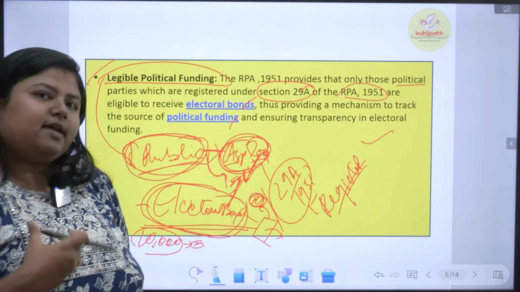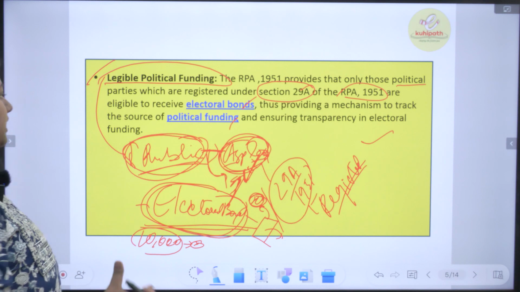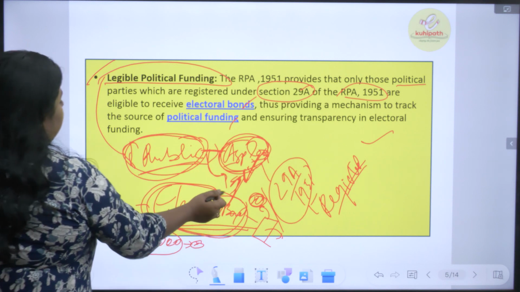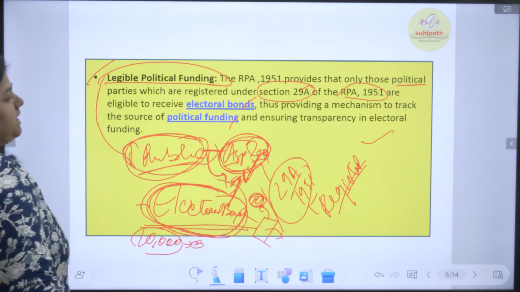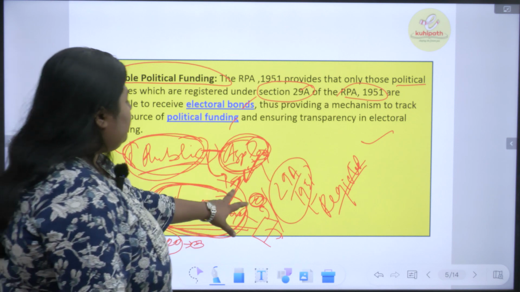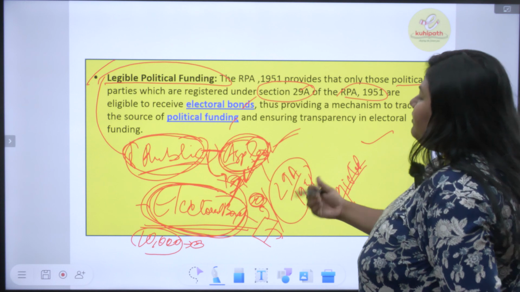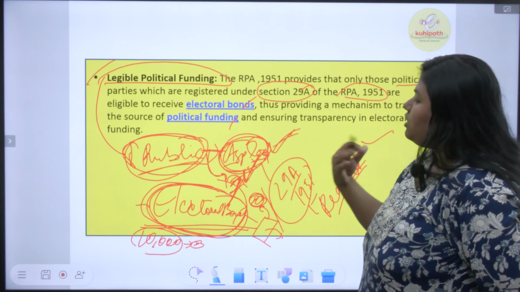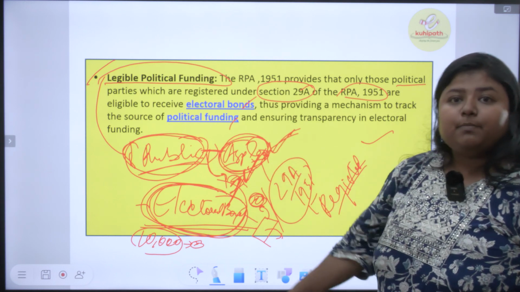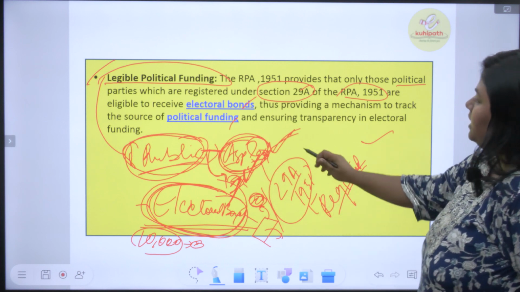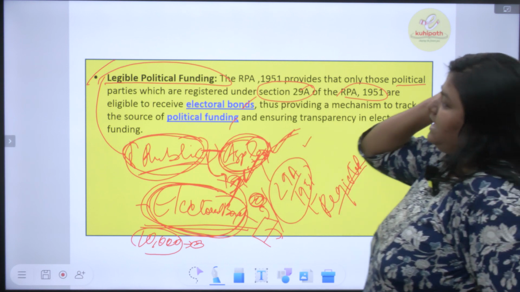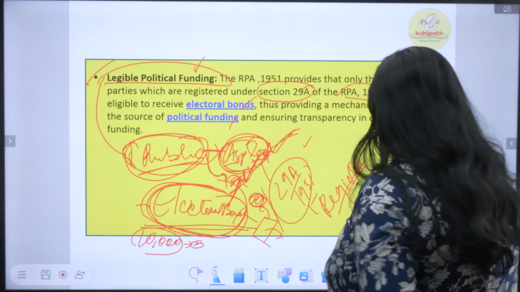I have some money and I want to help that political party, so I can buy an electoral bond in the party's name and fund it, so that if this party wins, I will feel that my expression of opinion has been reflected. This is what is meant by legible political funding here.